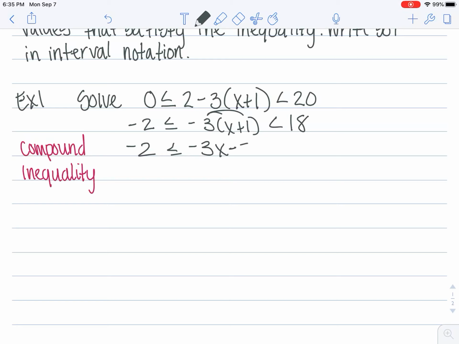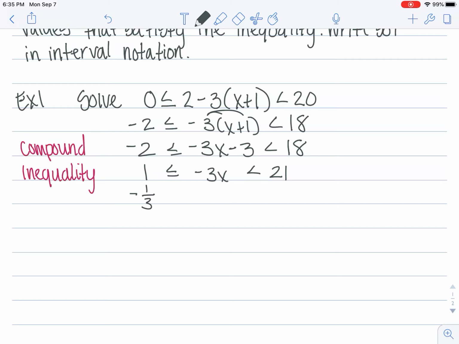Negative 3x minus 3, 18. Let's add 3 to all three sides. So 1 and 21. And then of course we're going to divide everything by negative 3 to get negative 1/3.